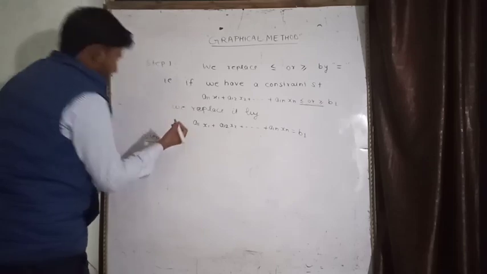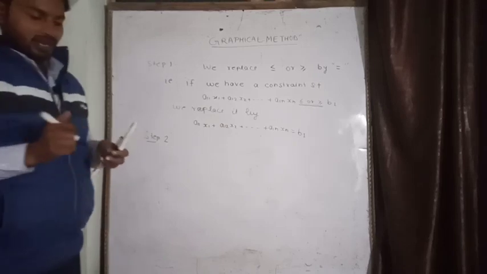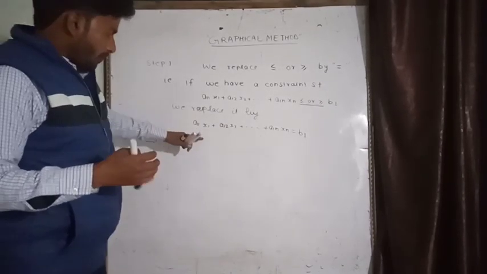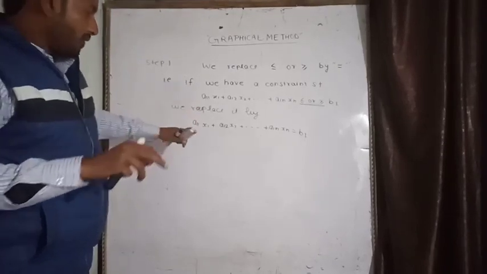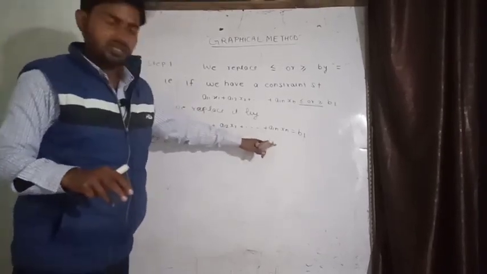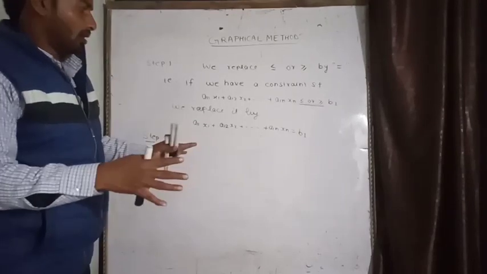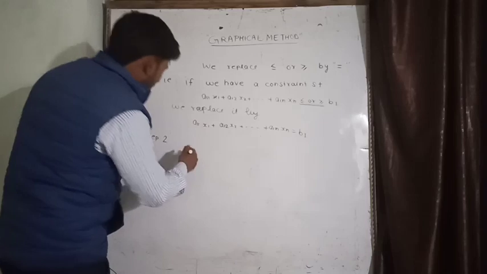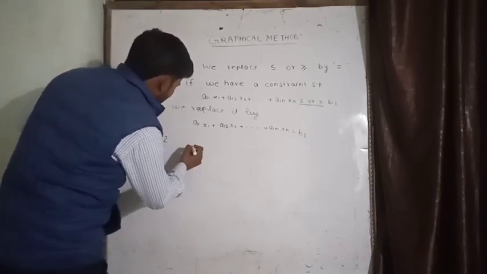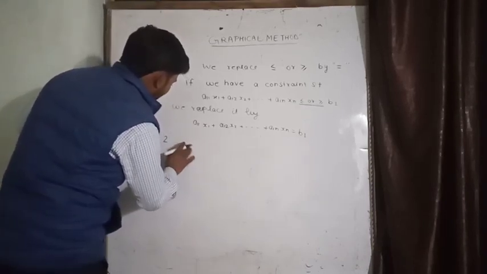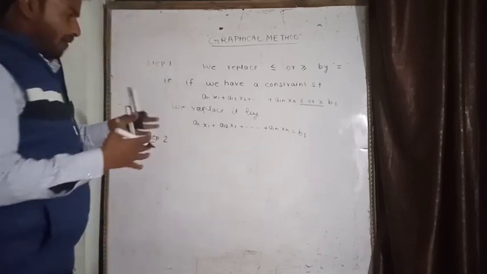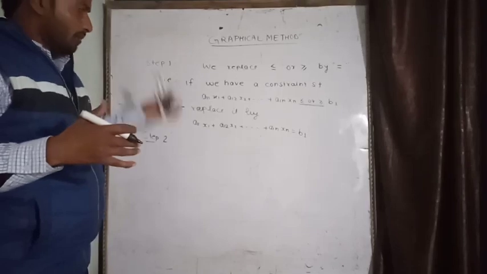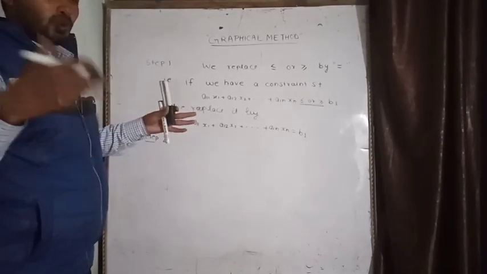Now next is step second. In step second, we will draw the graph of these linear equations, that is lines on the coordinate axis. Basically this method is used for two variables.